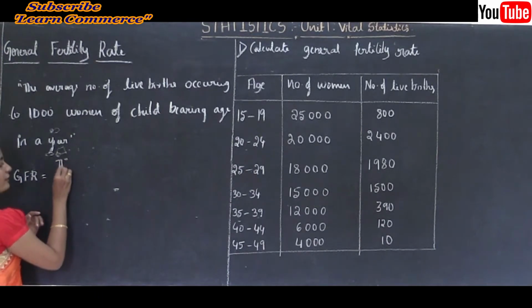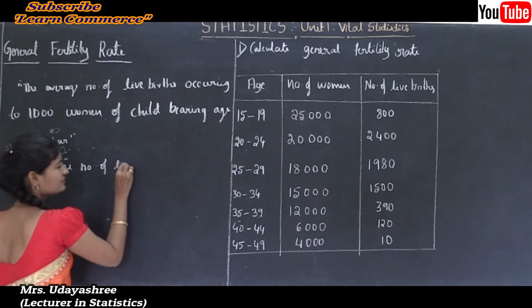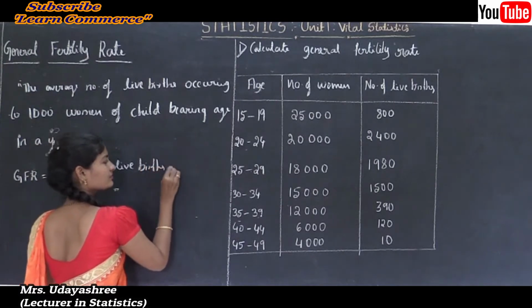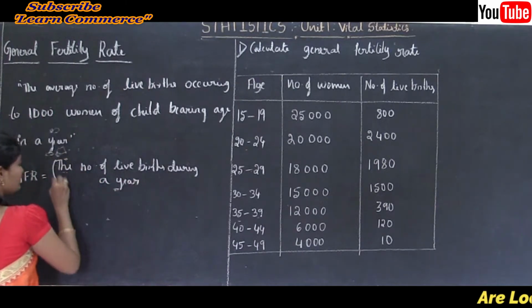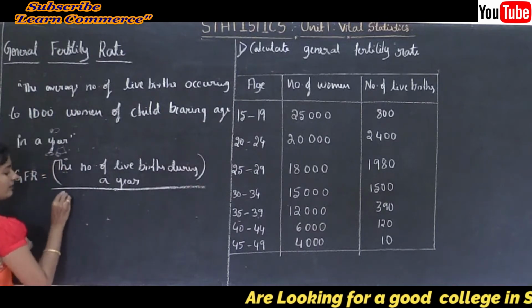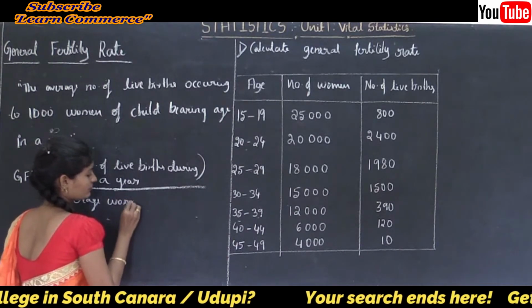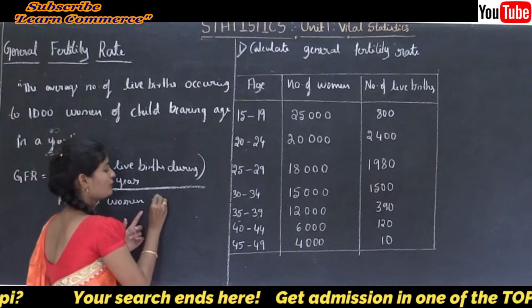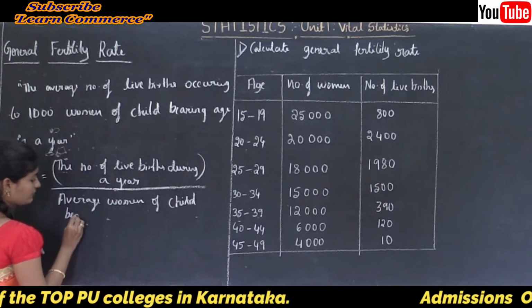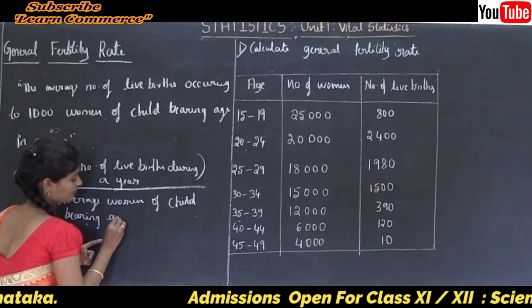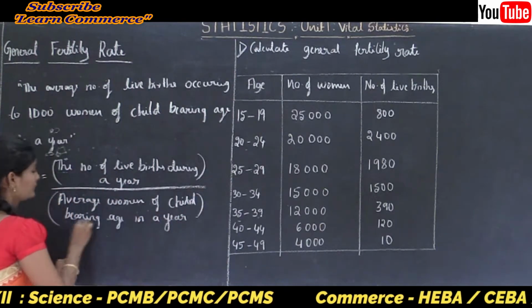that is the number of live births during a year divided by average women population, average women of childbearing age in a year, into 1000.